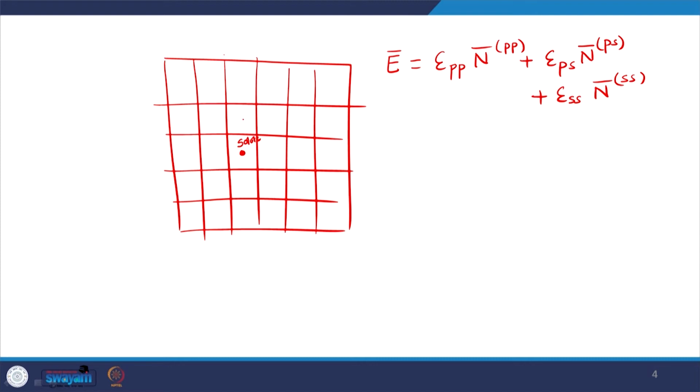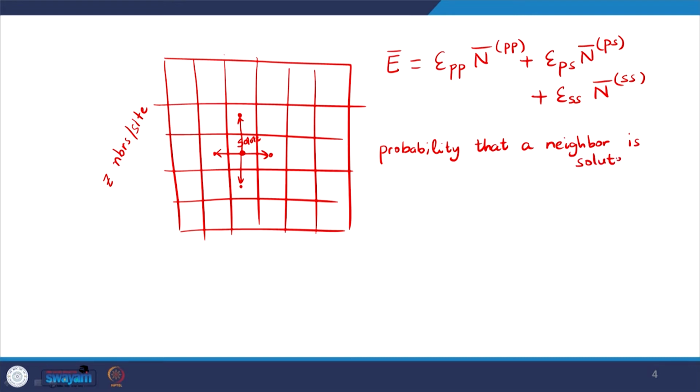So, for a solute contact you can see that there are in total z neighbors, where z is the coordination number. So, in total we have z neighbors per site, and what is the probability that any of these neighbors is occupied by a solute molecule. So, probability that a neighbor is solute, that is not very difficult to evaluate.